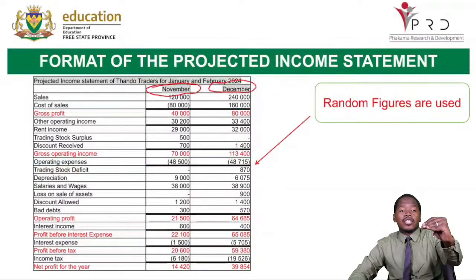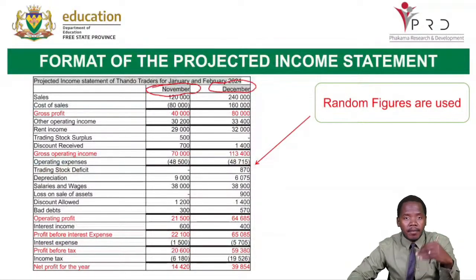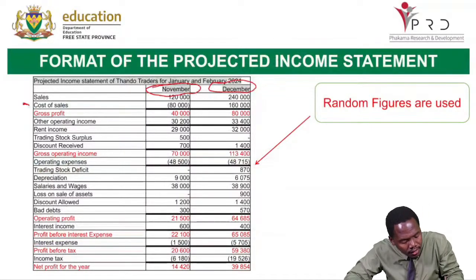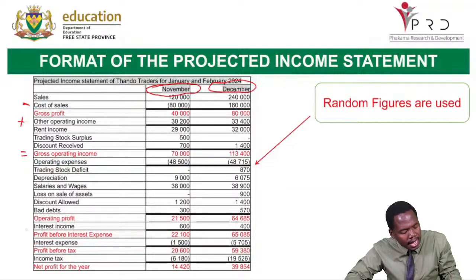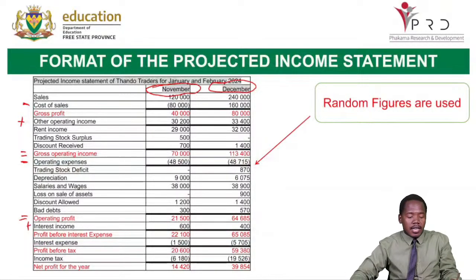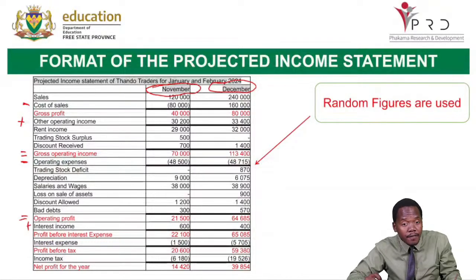Sales, cost of sales, sales minus cost of sales, we get our gross profit, plus operating income, we get our gross income. Gross income minus our operating expenses, we get operating profit. We add interest income to operating profit.